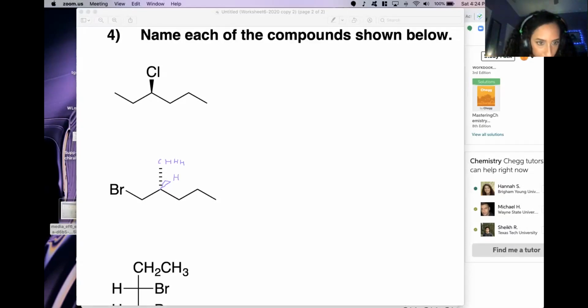We're gonna get our first group, our second group, our third group, and our fourth group.